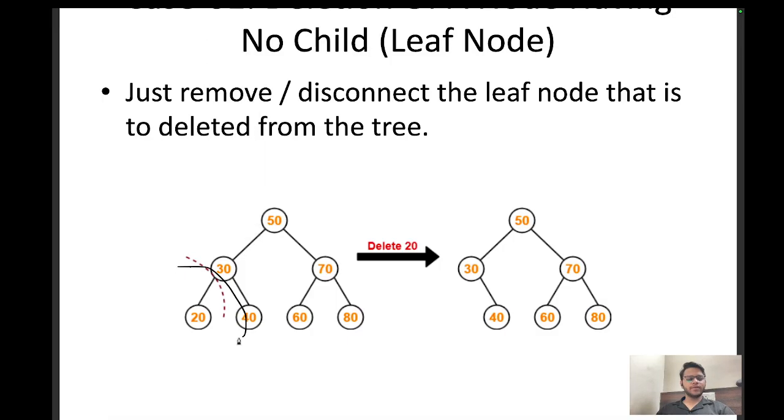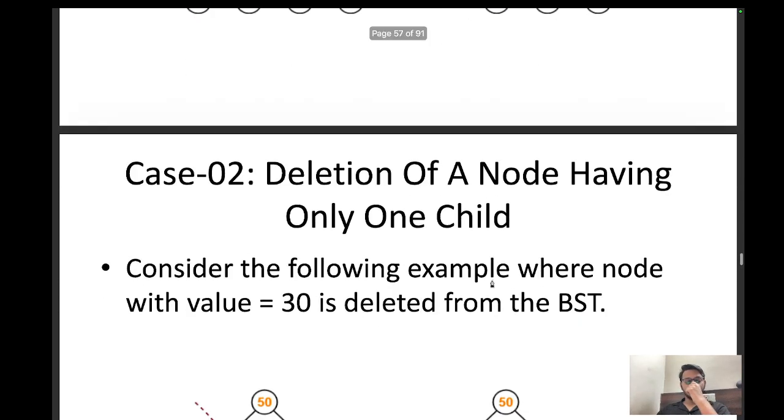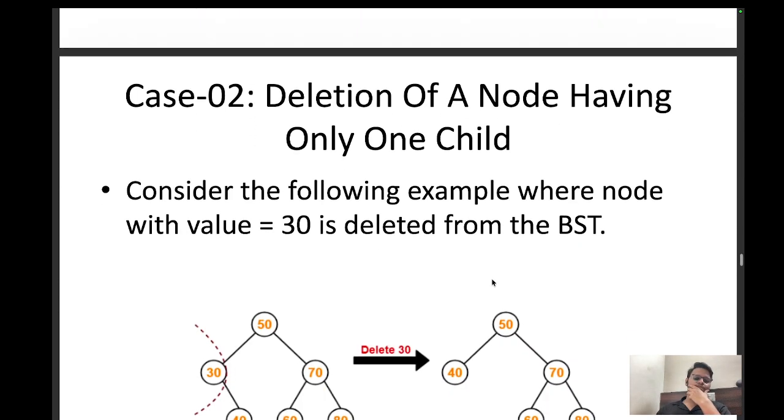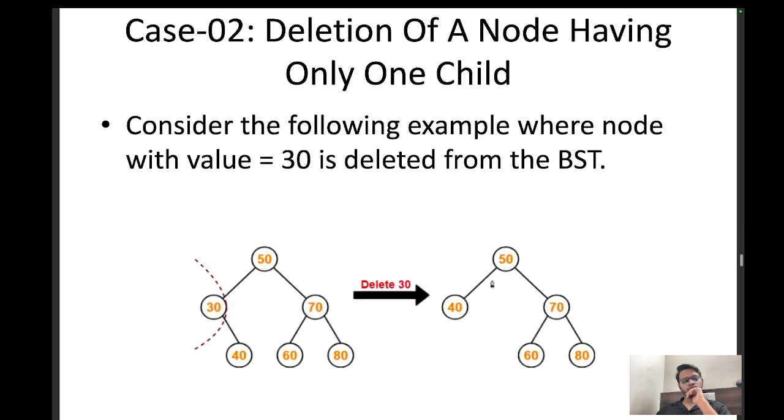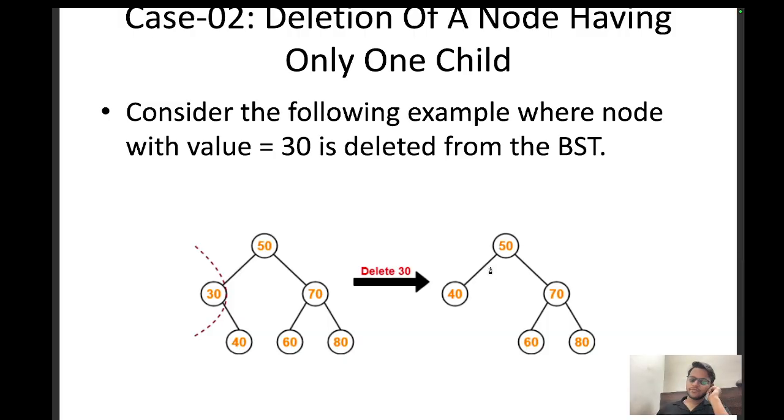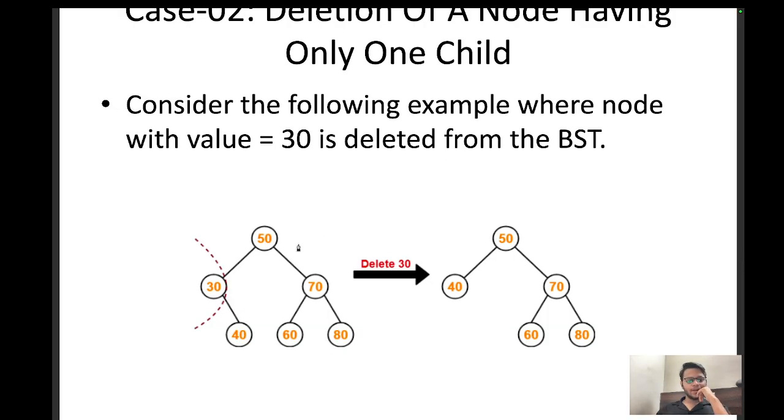So we have deleted this 20, and the updated tree after the deletion is this one. Now come towards case 2, deletion of a node having only one child. Let's say we have a node 30, and 30 is having one child, 40, at the right part.